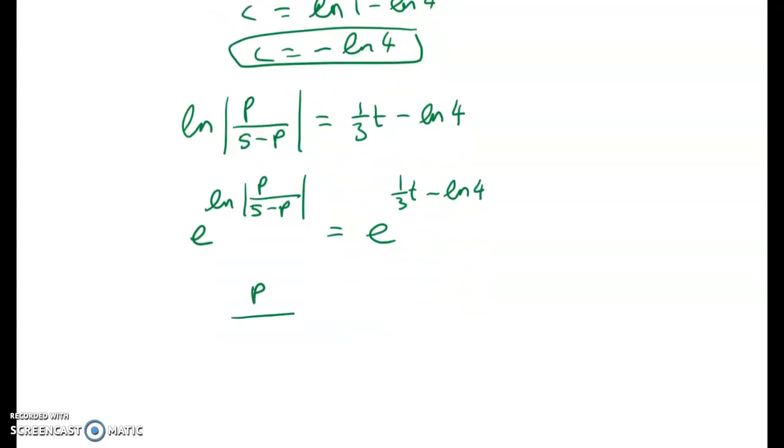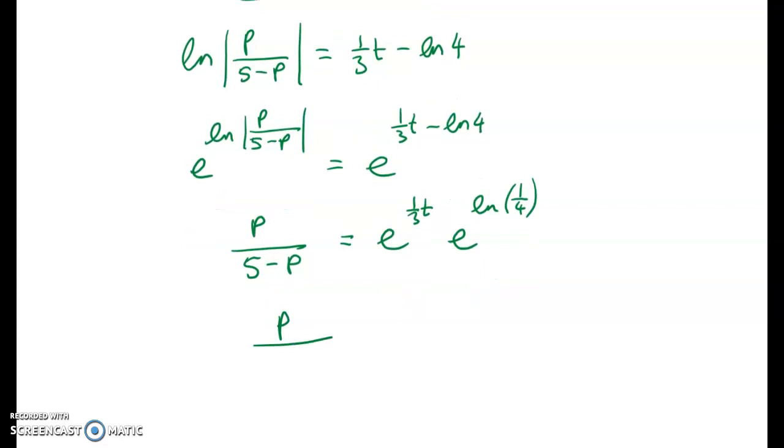Here we've got p over 5 minus p is equal to e to the power of 1/3 of t times e to the negative log 4, and I would have been better to have left that as the log of a quarter.